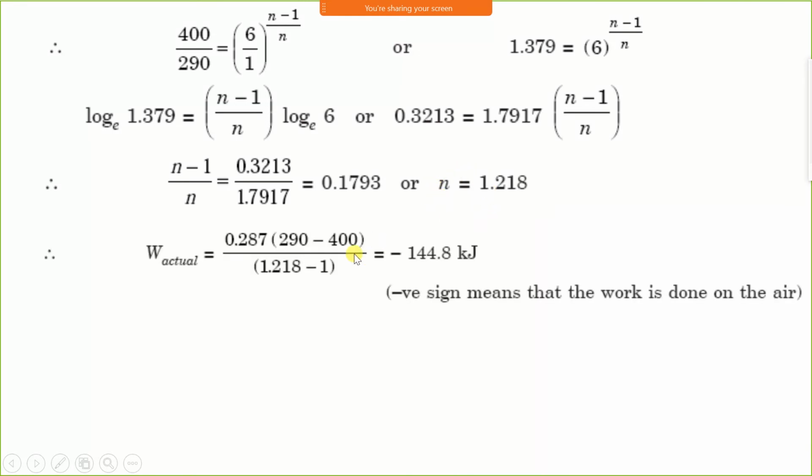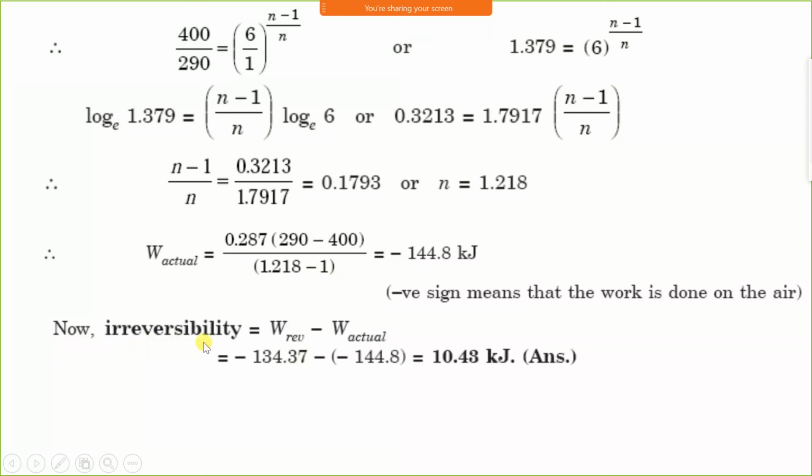Now putting the value of n in the actual work done, we get minus 144.8 kilojoule. We are getting a negative answer because work is done on the system. Now irreversibility is given as reversible work minus actual work.